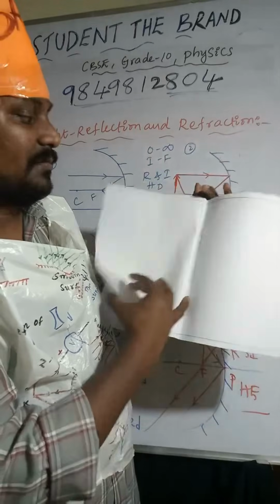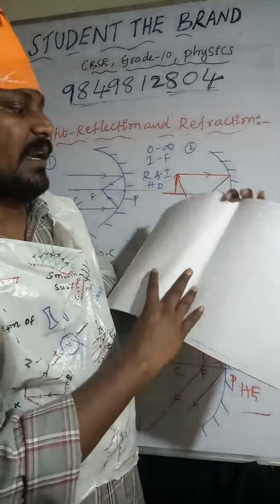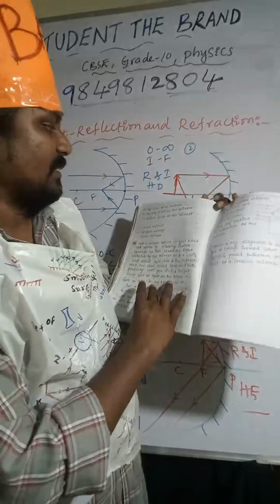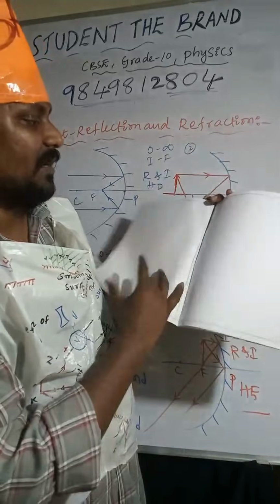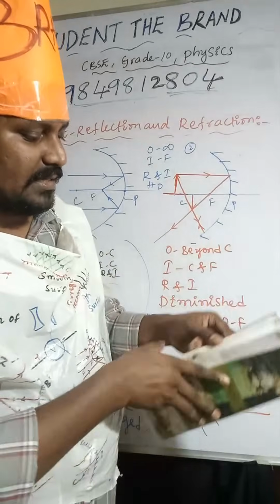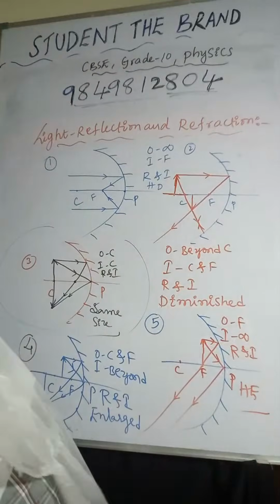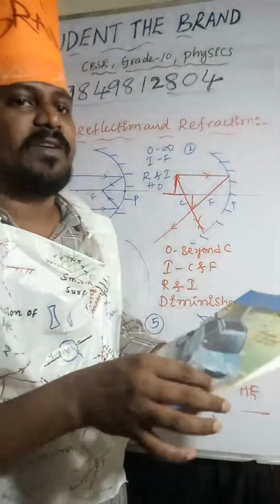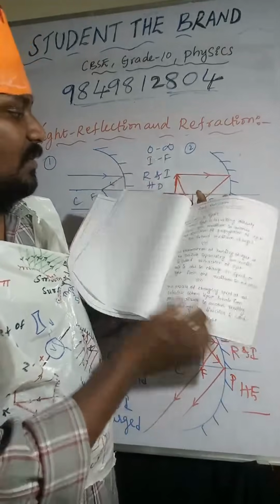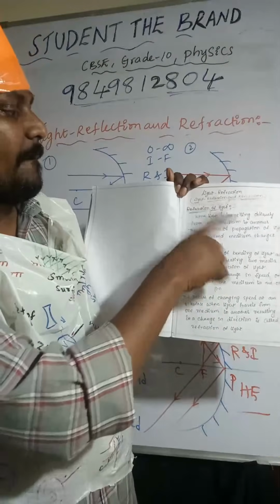These empty papers I left for writing more questions. The concept is already written, but from the questions point of view. This is the first book. Like that, two books I have written. That is for reflection. This is for refraction. So you can see three definitions.